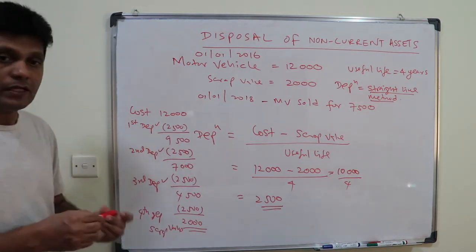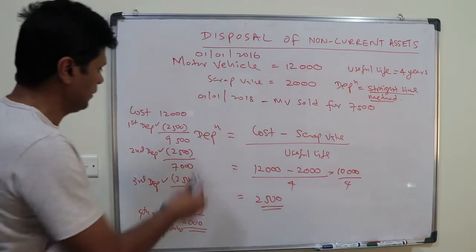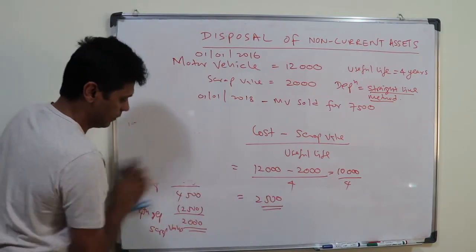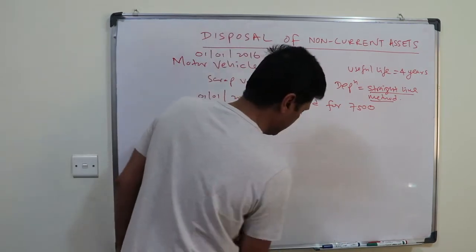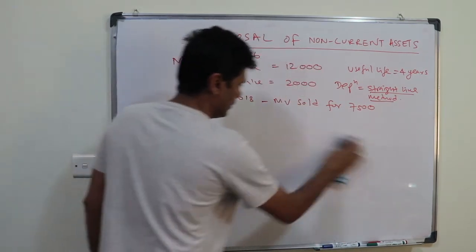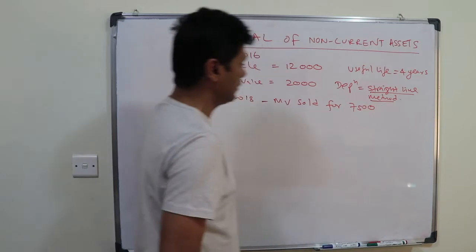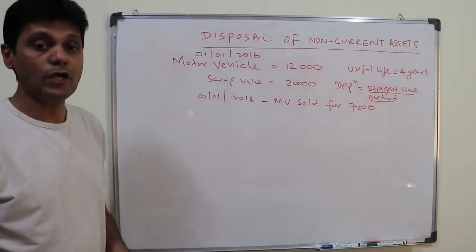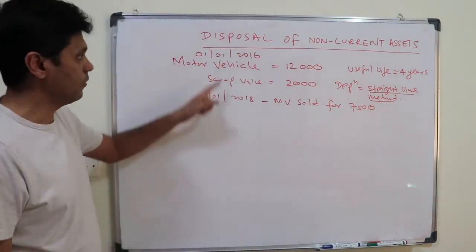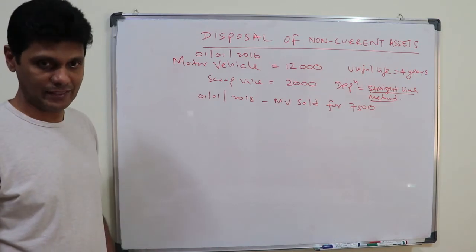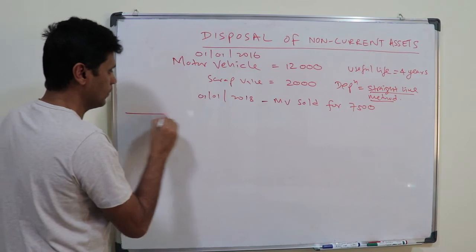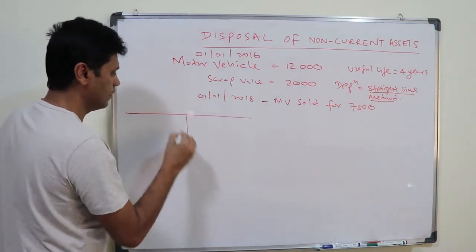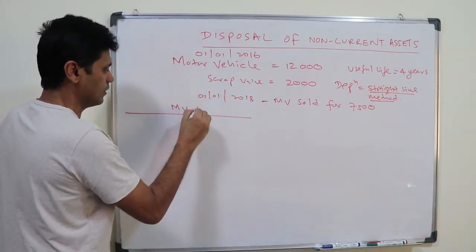Okay. Now we'll open the necessary accounting entries we have to record in the books of accounts. So what accounts you have to open? First of all, the purchase of fixed asset. Motor vehicle. So you need to have a motor vehicle account. Open up motor vehicle account.